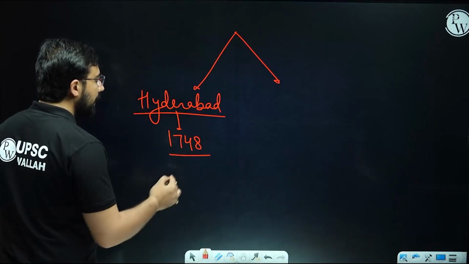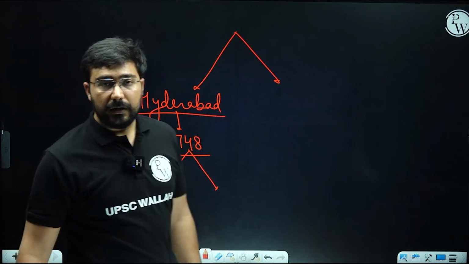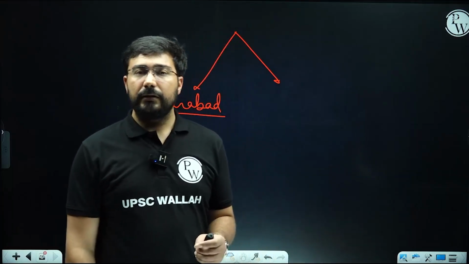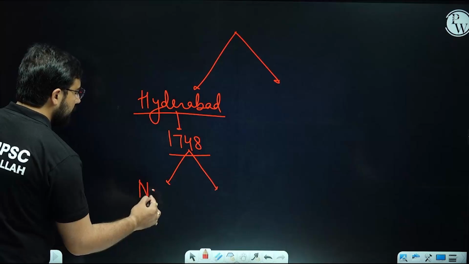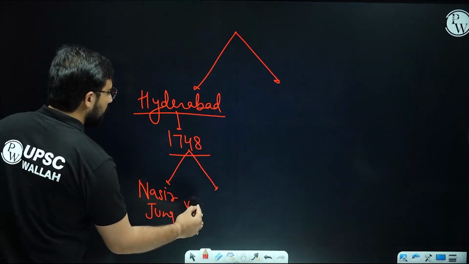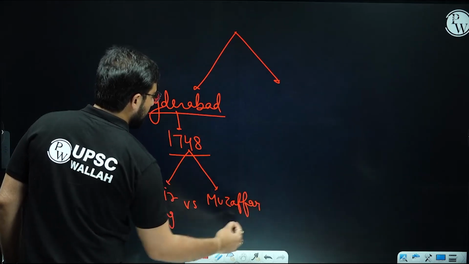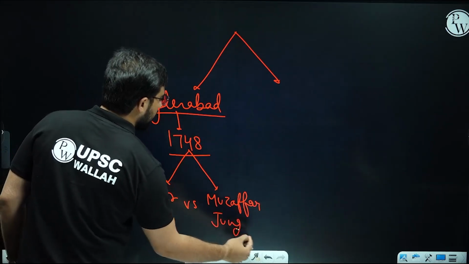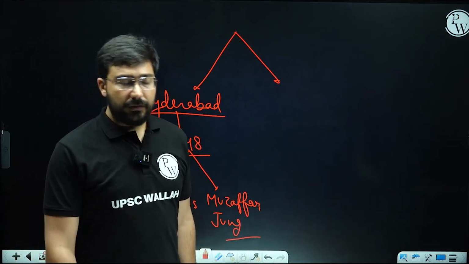The moment he died, we see a fight between rivals claiming the throne. It was between Nasir Jang versus Muzaffar Jang, which was going on in Hyderabad after the death of Asaf Jah.